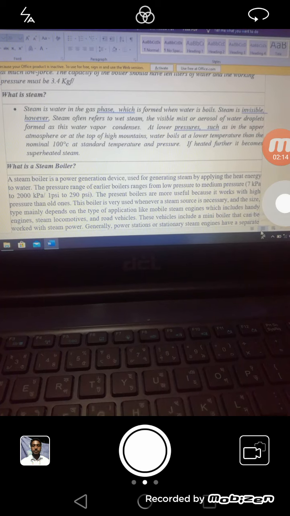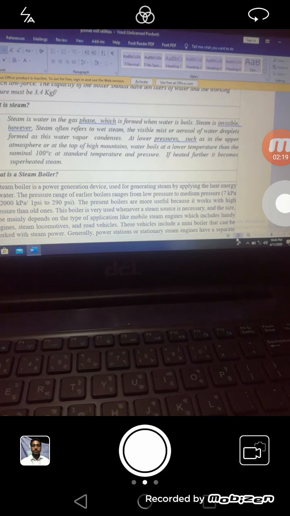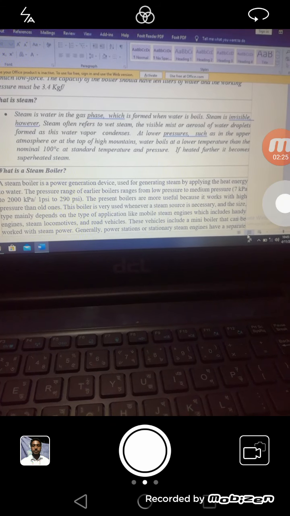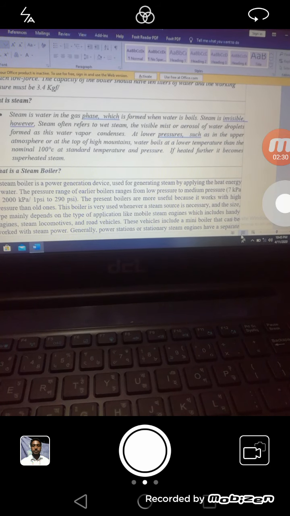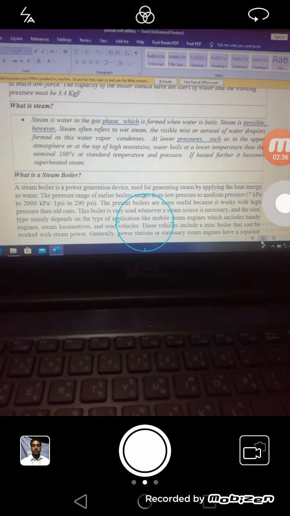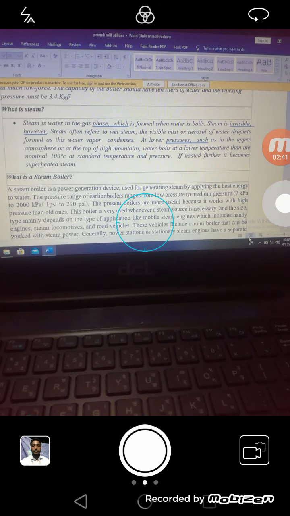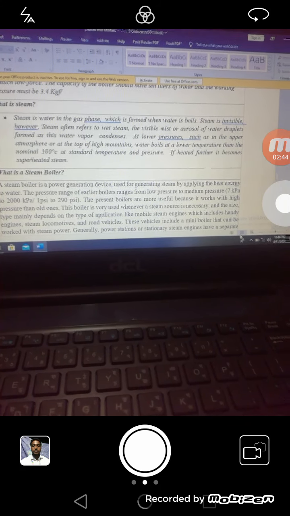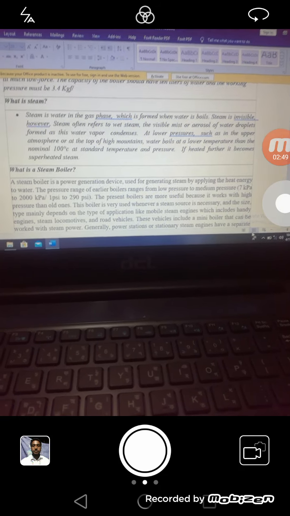Steam is invisible, however, steam often refers to wet steam, the visible mist or aerosol of water droplets formed as the water vapor condenses. At low pressure, such as in the upper atmosphere or at the top of a high mountain, water boils at a lower temperature than the nominal 100 degrees centigrade at standard temperature and pressure. If heated further, it becomes superheated steam.